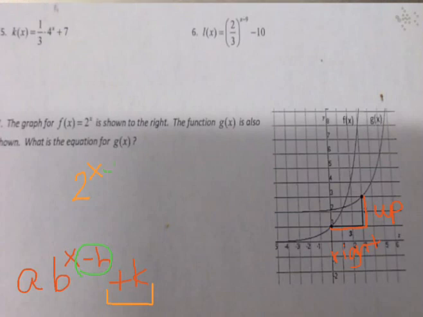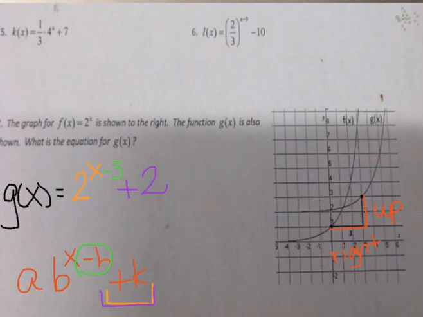So instead of positive 3, we're going to put minus 3 up here. And it also went up 2. So we're going to go up 2 for k, because k tells us up or down, so plus 2. So the equation of our line is g of x equals 2 to the x minus 3 plus 2.